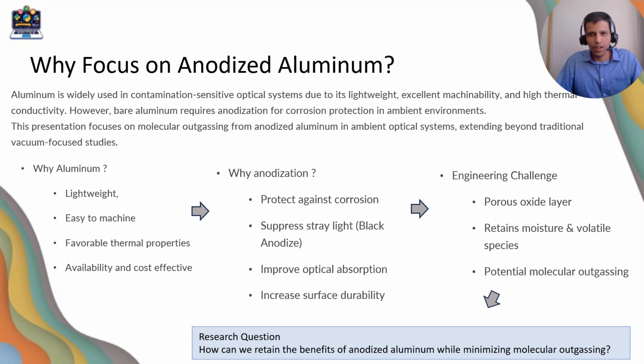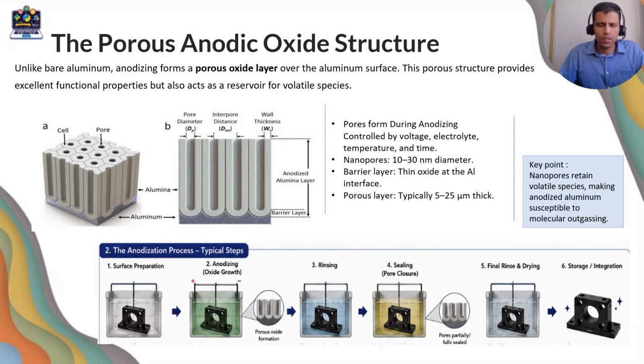Now that we have discussed anodized aluminum, we can go a little deeper into the anodized aluminum surface, which I explained is porous. Let's go to the next slide and take a look. If you see in this slide, the top layer of the anodized aluminum looks like this.